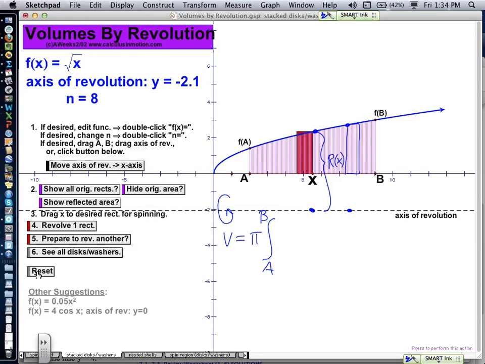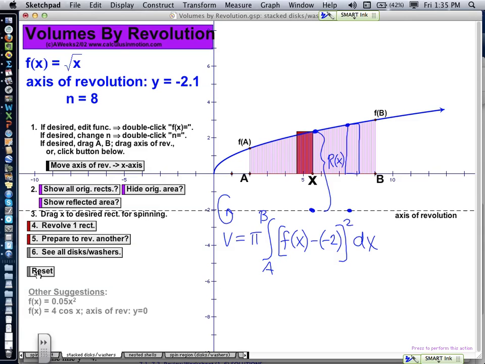We describe the outer radius as f of x minus negative 2, and then the radius gets squared, and we integrate with respect to x.